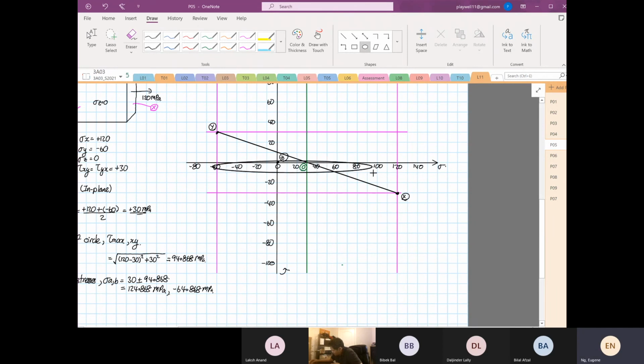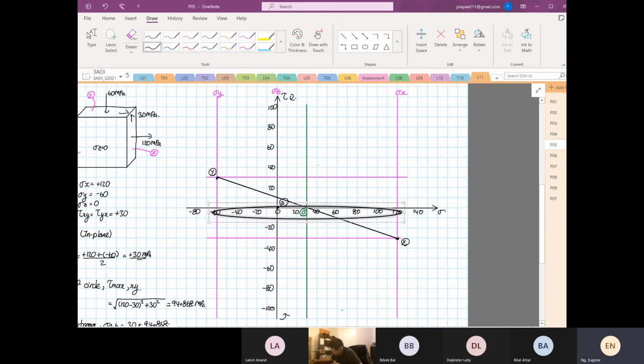I'm just eyeballing this. So 1, 2, 4, and then this will go up by 94, and this will come down by 94.